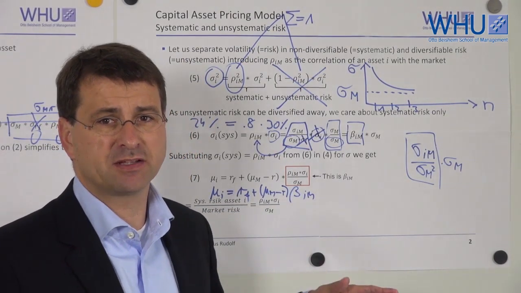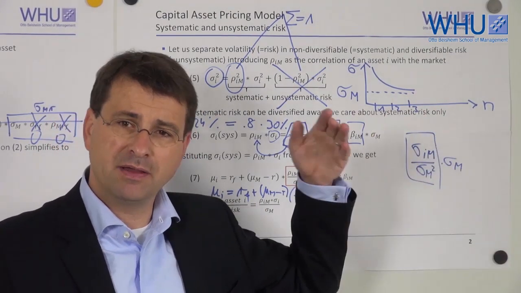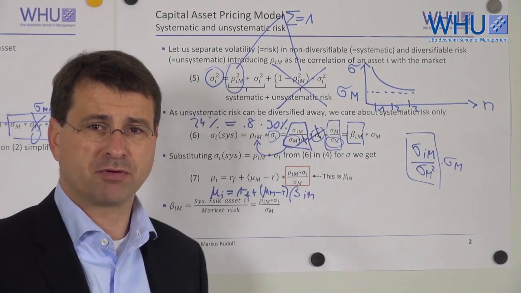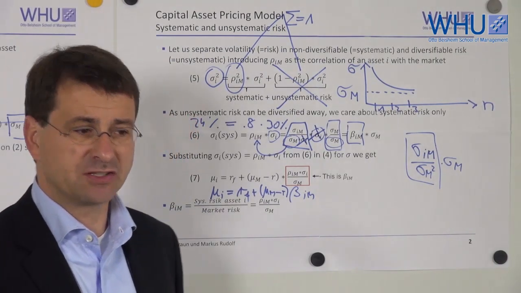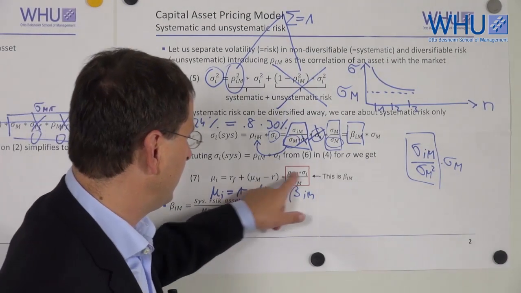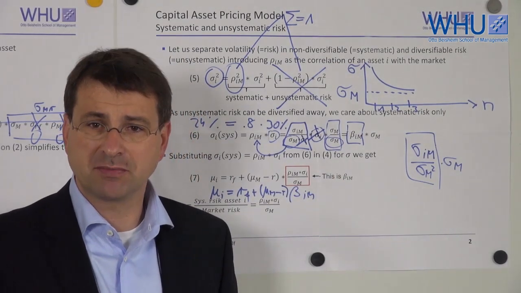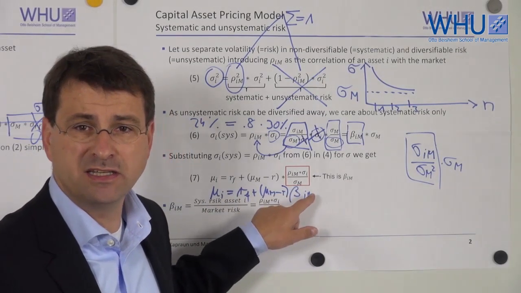Sigma risk matters only insofar as it is driven by the beta. The proportion which is not driven by the beta is not relevant for pricing. Only systematic risk matters, unsystematic risk does not matter. The equation that we have here is the equation of the security market line. Again, a straight line. It's obviously a linear expression.